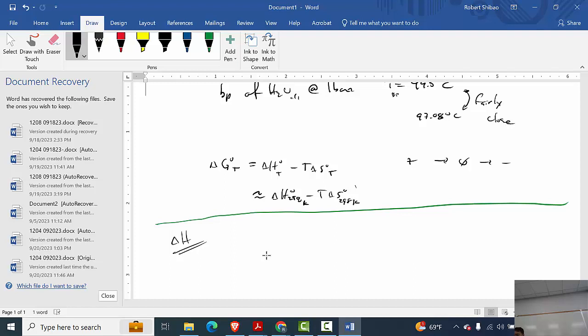You could do bomb and then correct it mathematically. But why do all that work? The easiest way is what Edgar mentioned: use Appendix D. We already did it. We use the delta H's of formation.